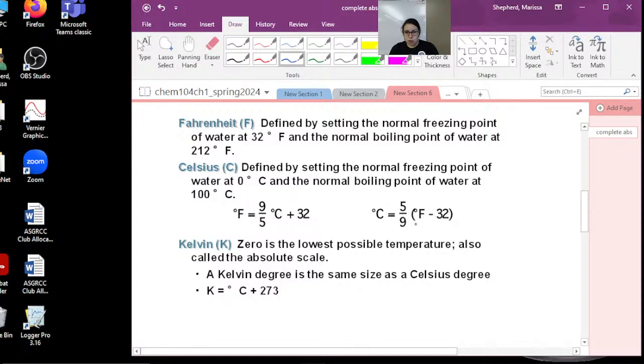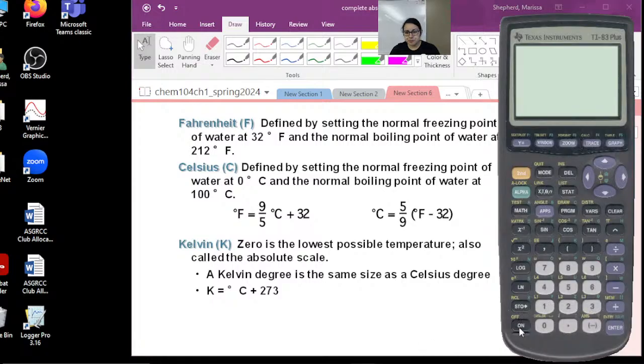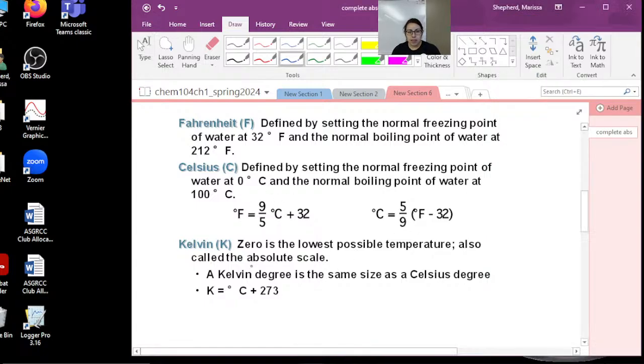Just note the order of operations for this Fahrenheit to Celsius conversion: you have to do the subtraction first, in parentheses, and then multiply by 5/9. You might also see this in decimal form, so times 0.555, and 9/5 is 1.8. You might see other forms of that using decimals. And this is, I think, the nice, easy conversion.